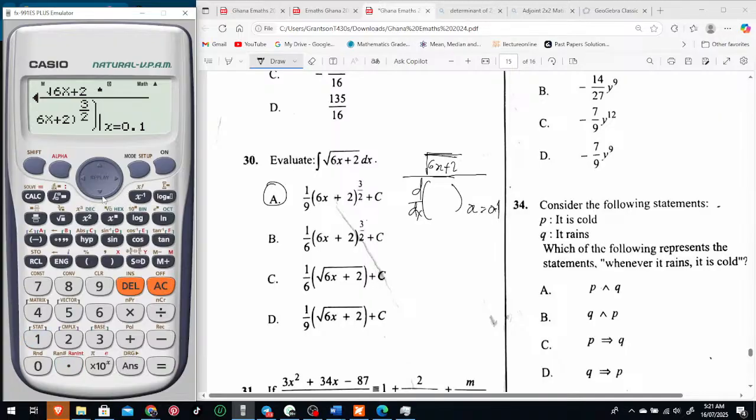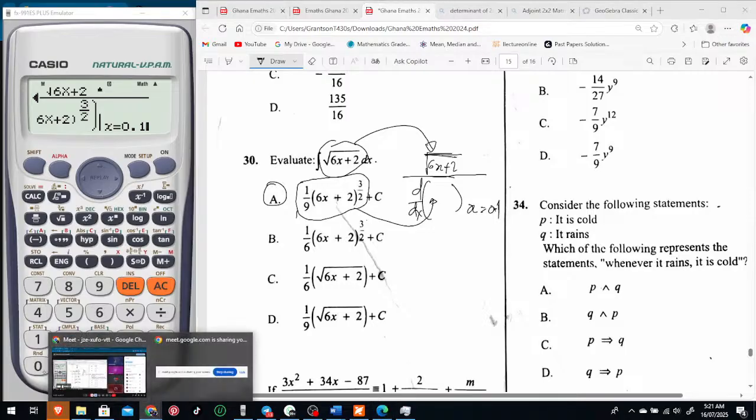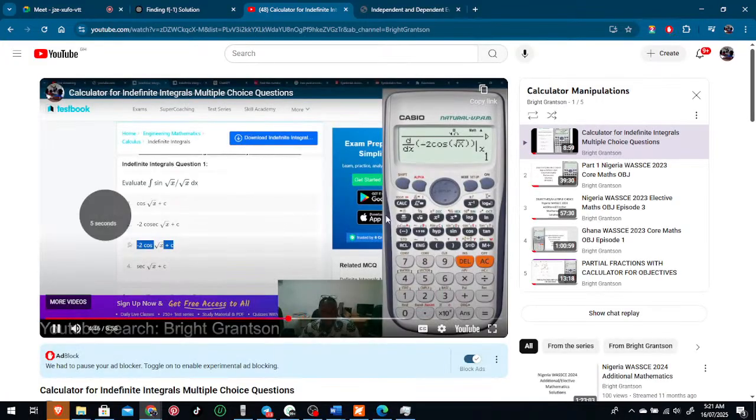You have to punch this indefinite integral. You have to punch this element here as the numerator, divided by the differential of one of these. So you try all of them until you get the answer, at 0.1. You substitute a certain value for the numerator.